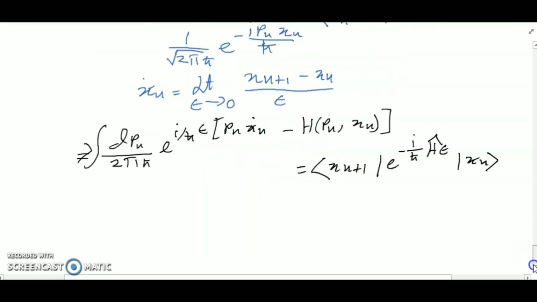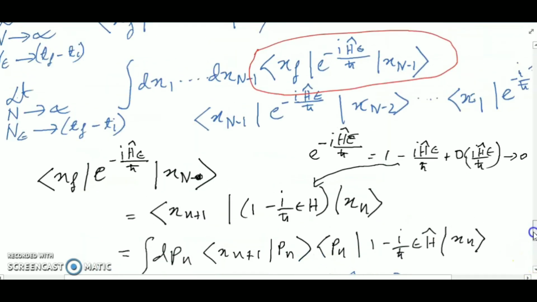Okay, this value we can get, for epsilon tends to 0. So now friends, whatever we have learned, we get this value.